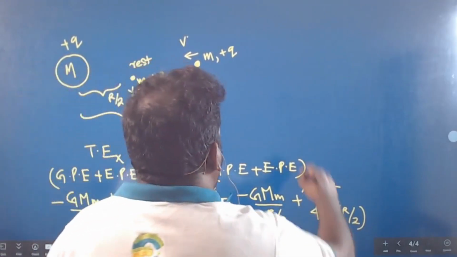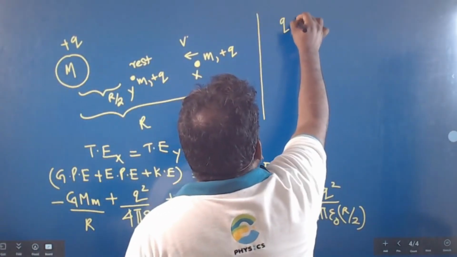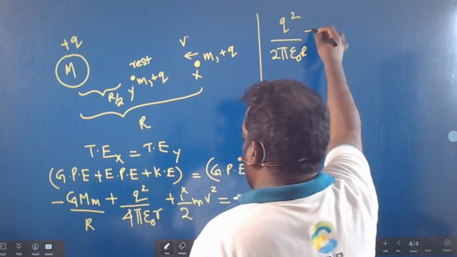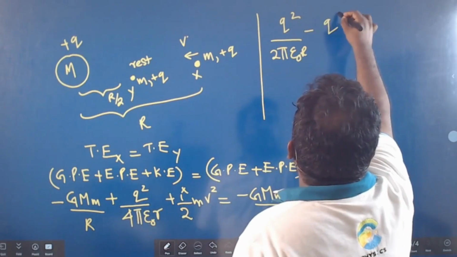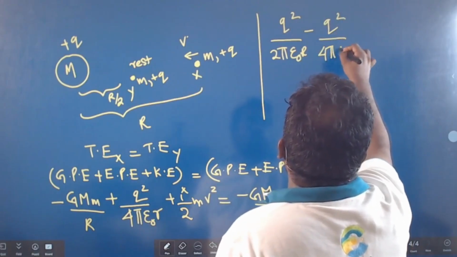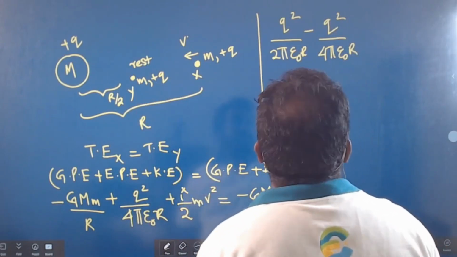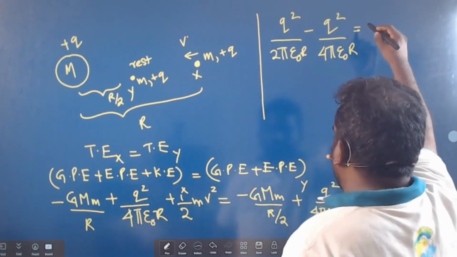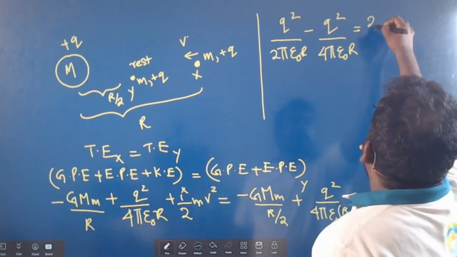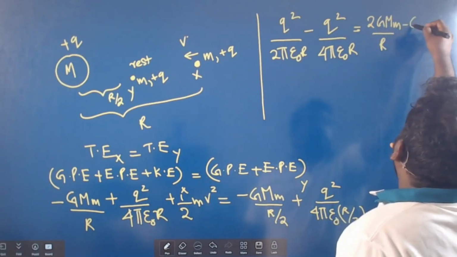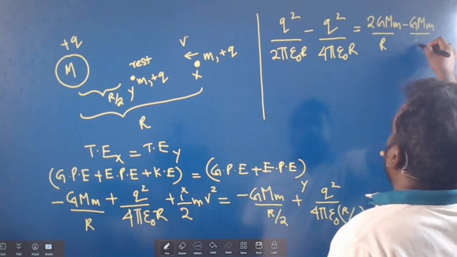If you rewrite this, Q squared over 2 pi epsilon naught R minus Q squared over 4 pi epsilon naught capital R is equal to 2 capital G capital M simple m over R minus capital G capital M simple m over R, plus half m v squared.